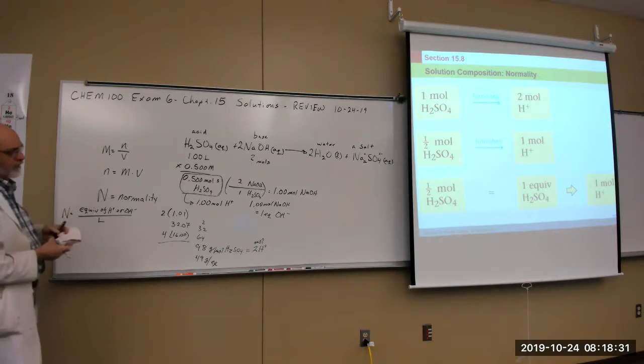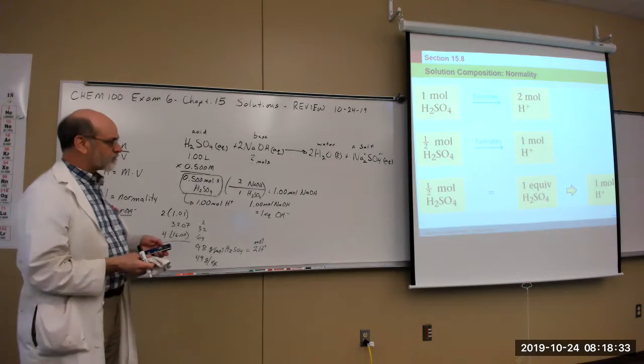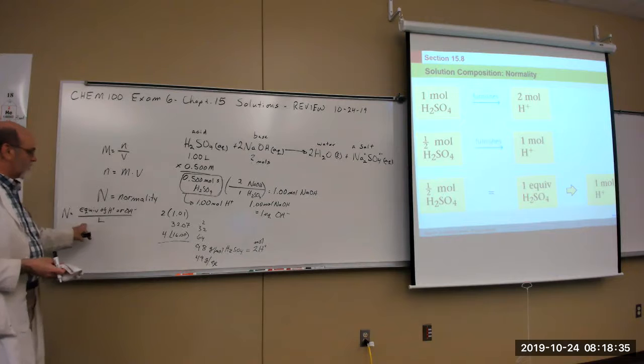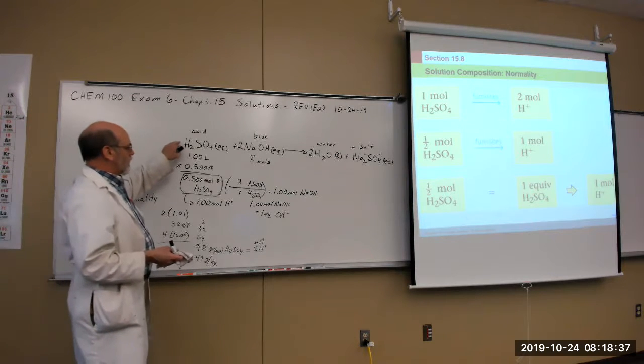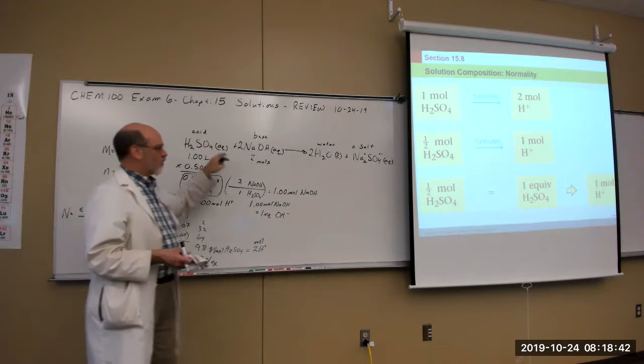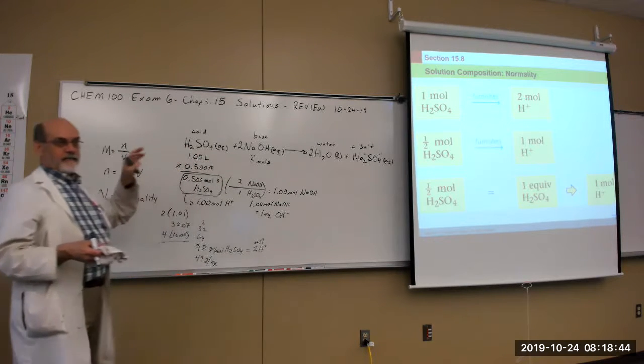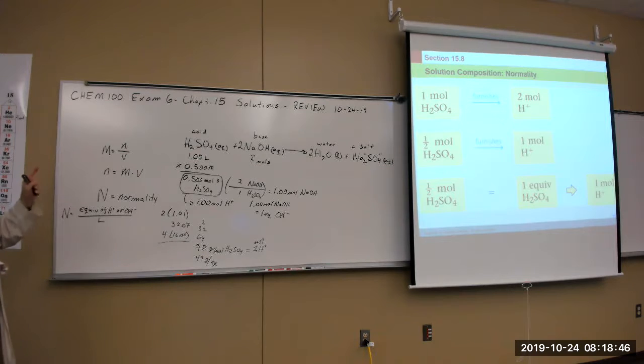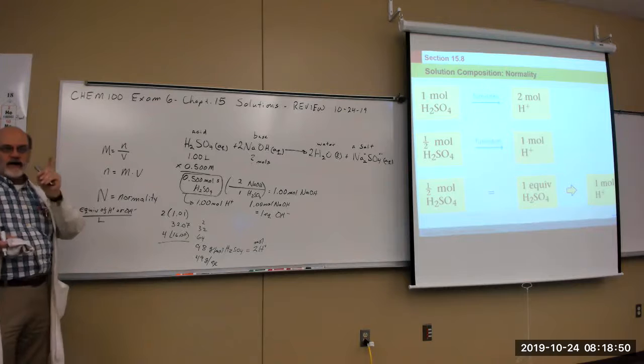Okay? That's what that means. The advantage to using this is you don't have to balance the equation. If you know the normality of your acid and the normality of your base, and the normality of your acid is 1, and the normality of your base is 1, then equal volumes will neutralize.